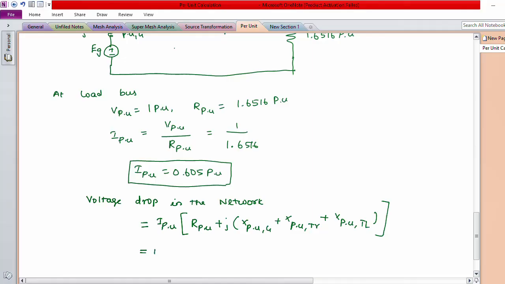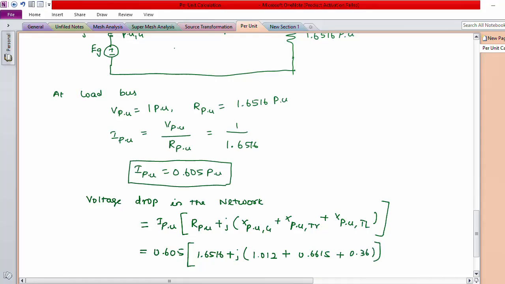Now by substituting all those values, we can calculate the voltage drop. I per unit value is 0.605, R per unit is 1.6516 plus J, X per unit is 1.012. Similarly, for the transformer 0.6615, and for the transmission line 0.36.